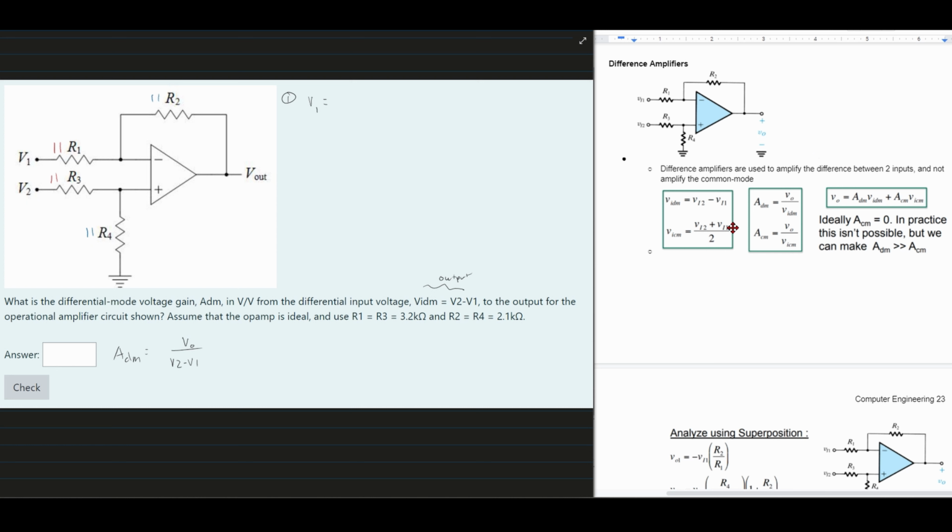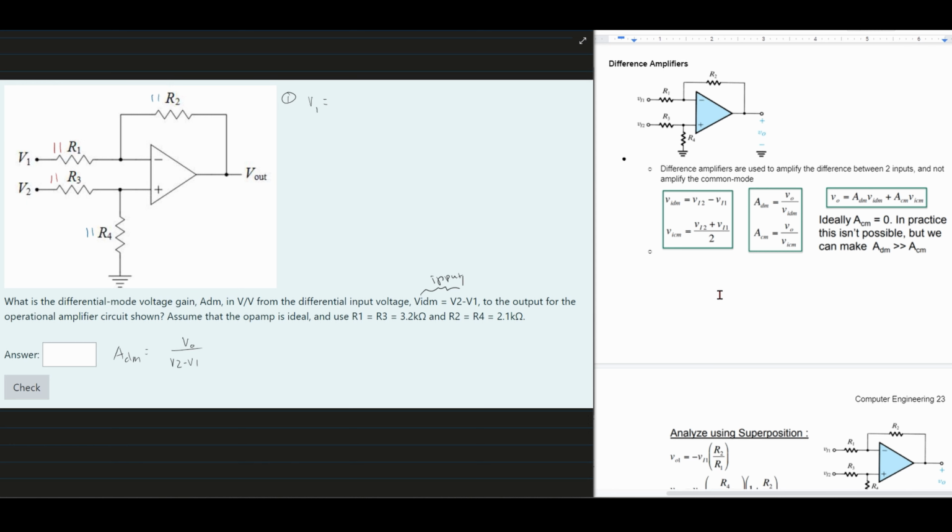Inside of here, we have our V inputs, so we have V input 2 minus V input 1. So actually this is wrong, and it's V input 2 minus V input 1, since these are both inputs.